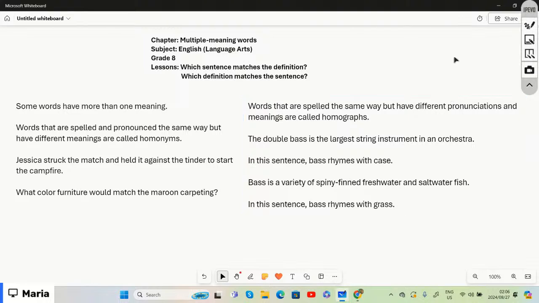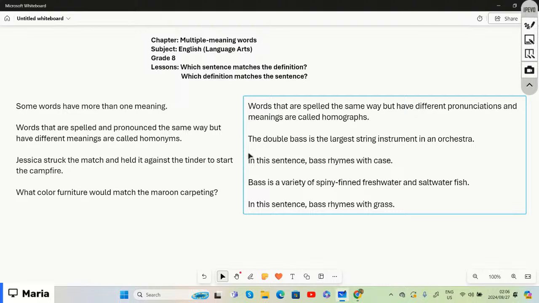All right. So when it comes to multiple meaning words, some of the words have more than one meaning.